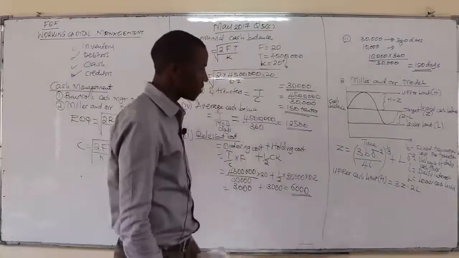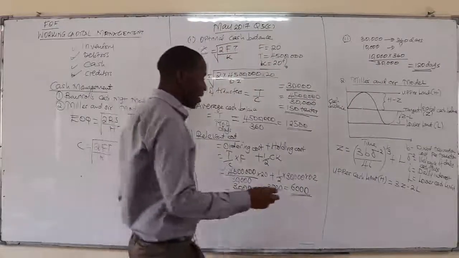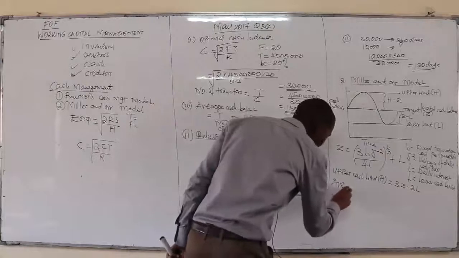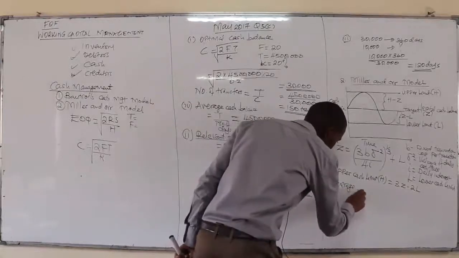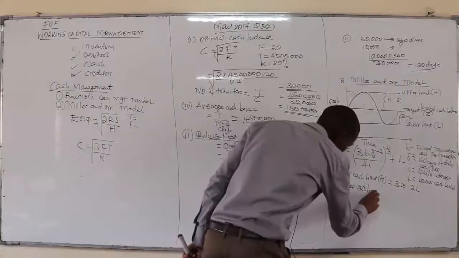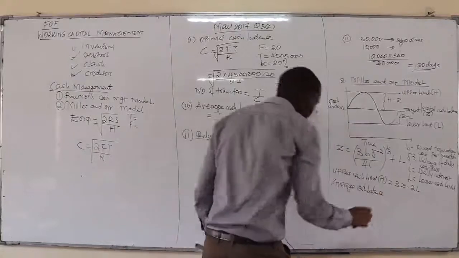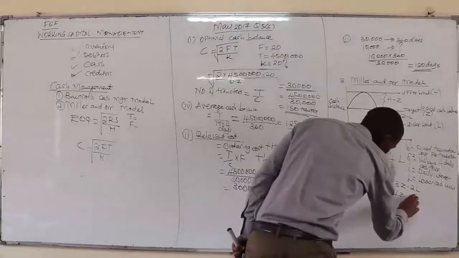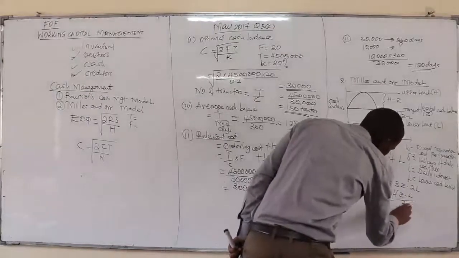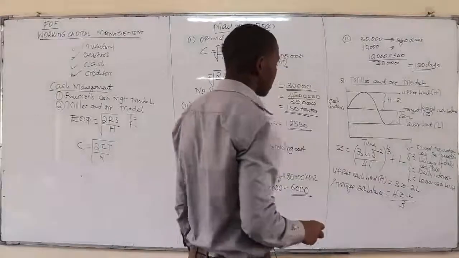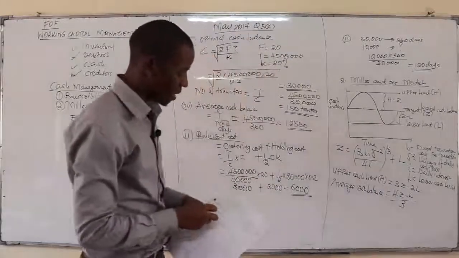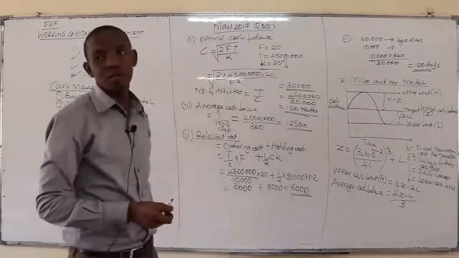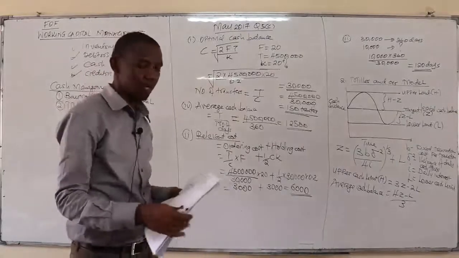Cash balance. He also said, if you are asked about the average cash balance, you take it by getting 4Z minus L, then you divide by 3.